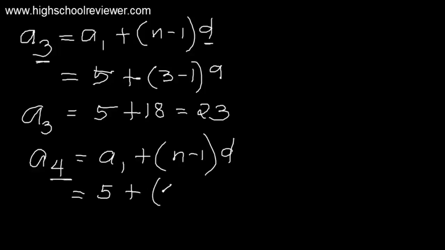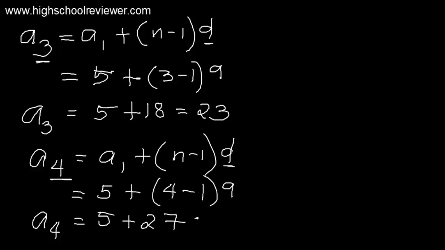This is the fourth term, so this will be 4 minus 1 multiplied by D. Our D is positive 9. So A sub 4 here will be equal to 5 plus 4 minus 1 is positive 3. Positive 3 multiplied by positive 9 is positive 27. And 5 plus positive 27 is positive 32.